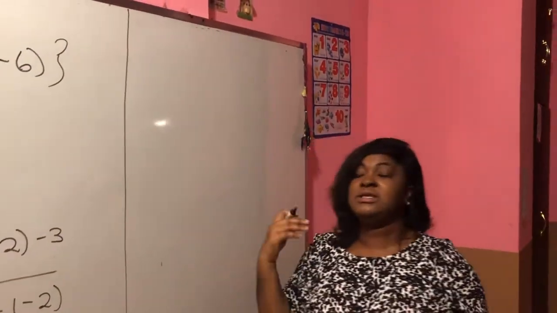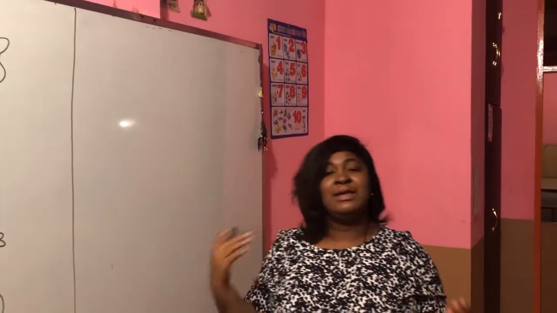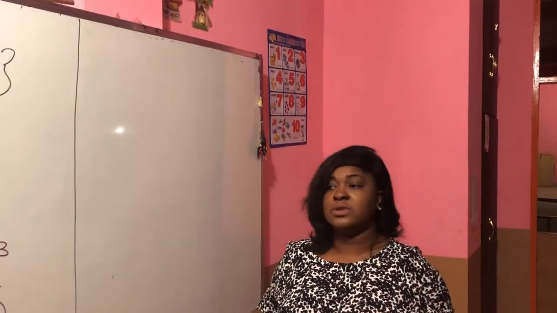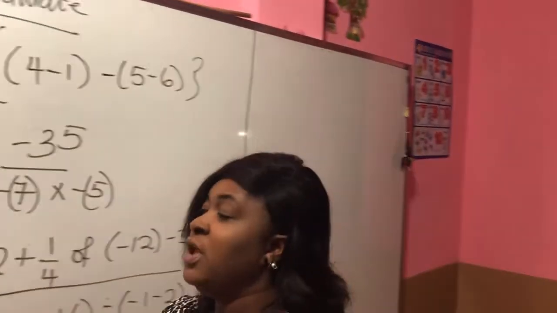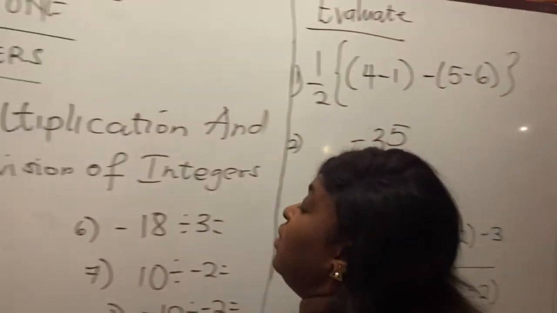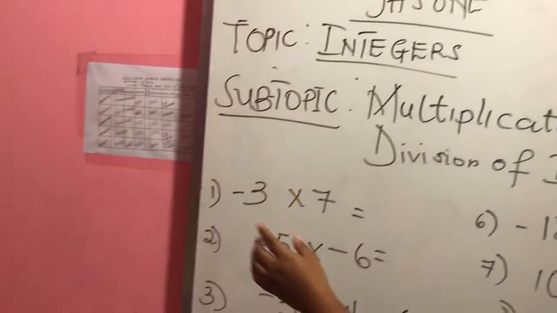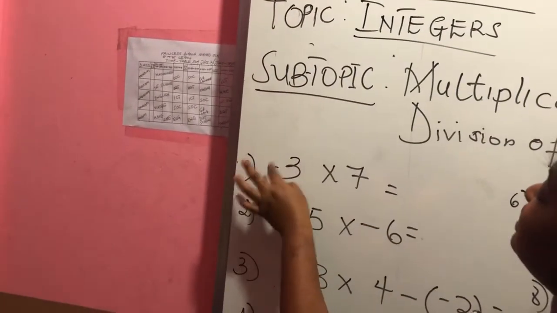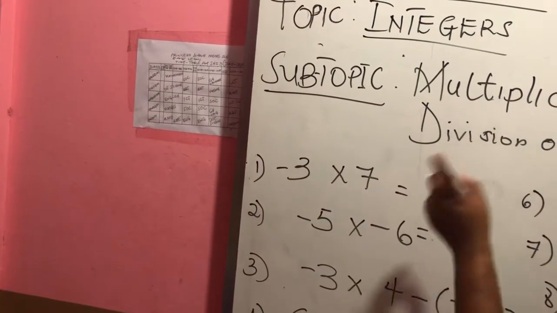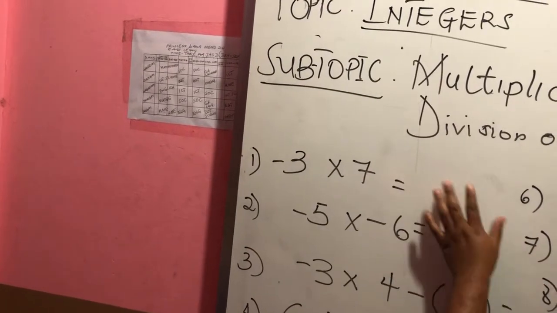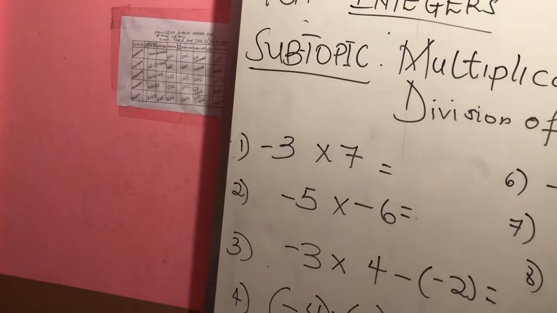A negative answer. And anytime negative is multiplying negative, we all know that our answer will be what? Positive. But even if you don't remember this rule, just put it in your head or make it simple for you that anytime I see one negative number multiplying a positive number, definitely my answer has to be what? Negative. So put that in your head.